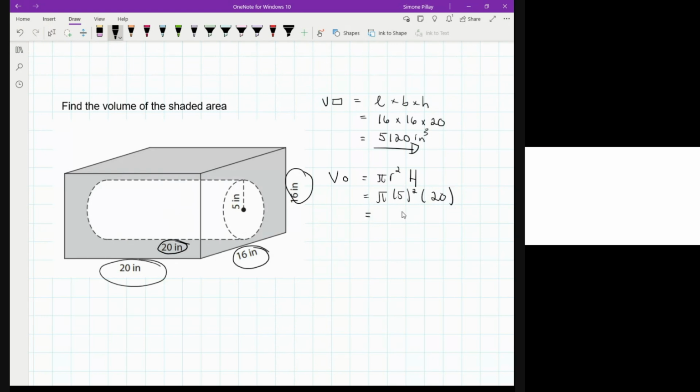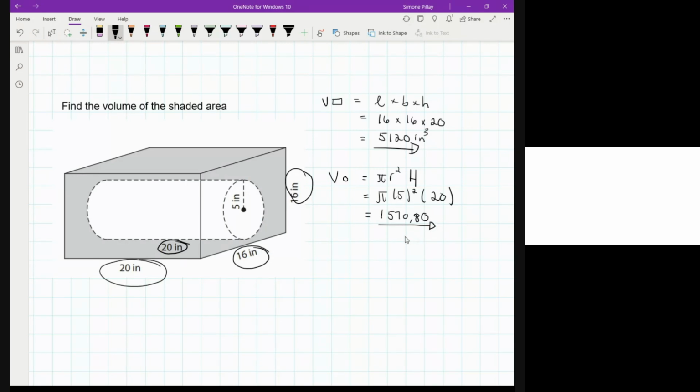Plug this into your calculators and let me know, what are you getting there? It is going to be pi multiplied by 5 squared multiplied by 20. It's 1,570.80. Okay, so you rounded off to 2 decimals. Cool, that is correct.